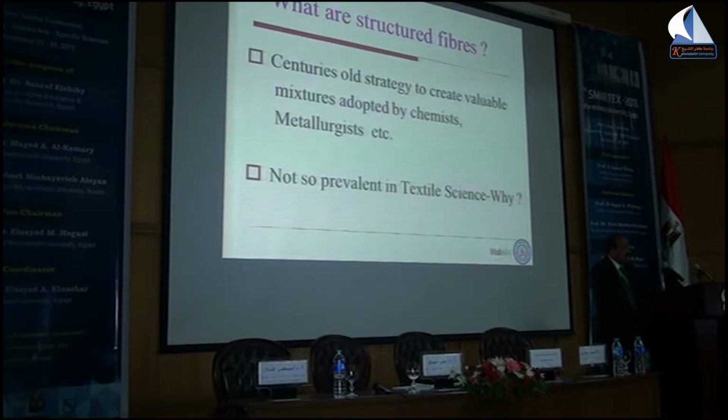So in this research we have tried to make some fiber properties so that a desired fabric hand value can be made. So definition wise, what is structured fiber? Where we try to make a particular structure to get a desired hand value.